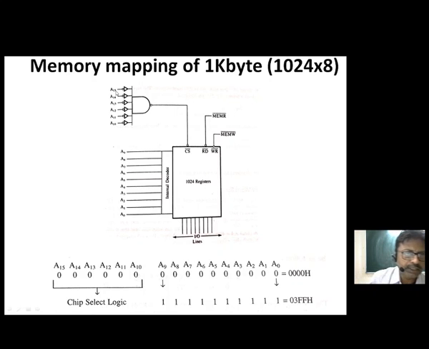So if A10 to A15 are 0, 0, 0, then it will be 1, 1, 1, then here it will be 0, and the chip will be selected. Meaning thereby, for identification of an individual register, it is a must that the chip should be selected. And the chip selection can be done with the help of A10 to A15 as 0, 0, 0, 0, 0, 0.